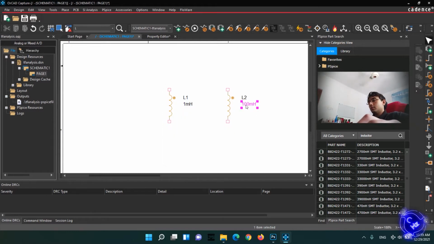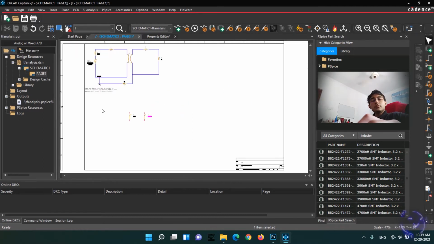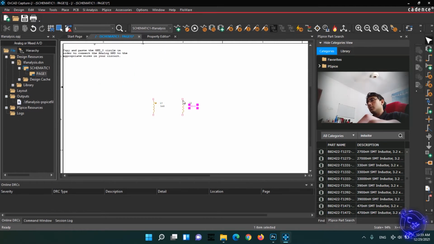So these two are mutually independent. So in order to get coupling in between these two, I need to add some mutual coupling.